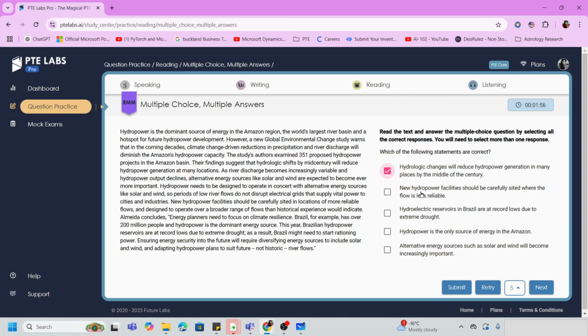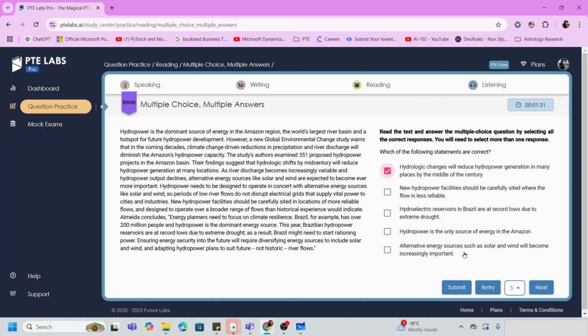Now let's try to read all the answers. One says Israel should be situated where there is less reliable flow. We haven't heard about anything in Brazil. Another says hydropower is the only source of energy in the Amazon. We have heard about the Amazon, but the first line states that hydropower is the dominant source, so it's not the only source. That is not the answer.